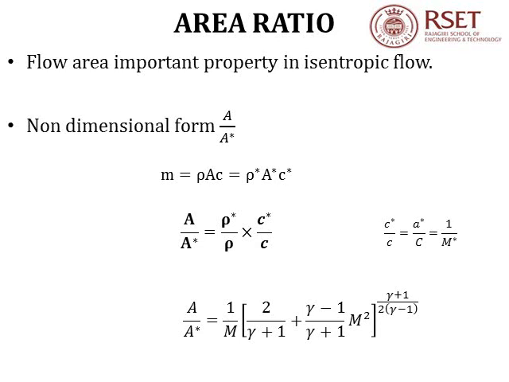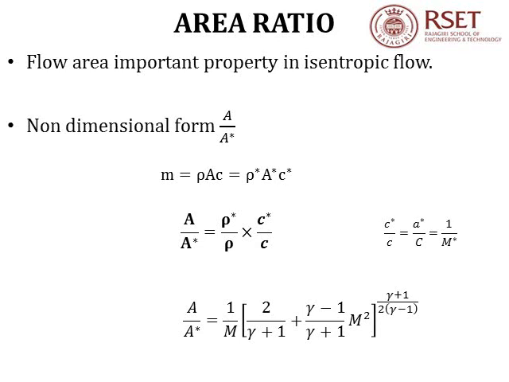The term area ratio is of great importance in the study of isentropic flow and for the analysis of nozzle and diffuser. In order to obtain the relation of A by A star, we use the continuity equation as applied to isentropic flow.